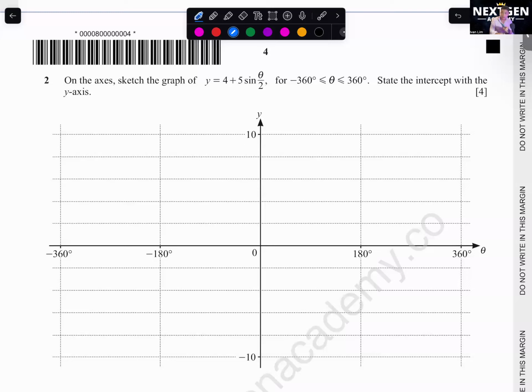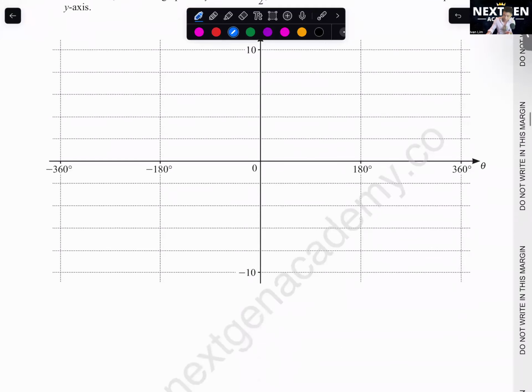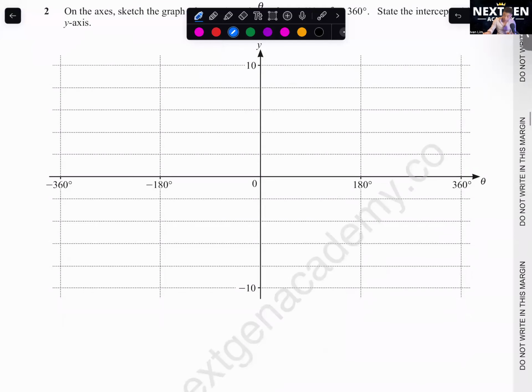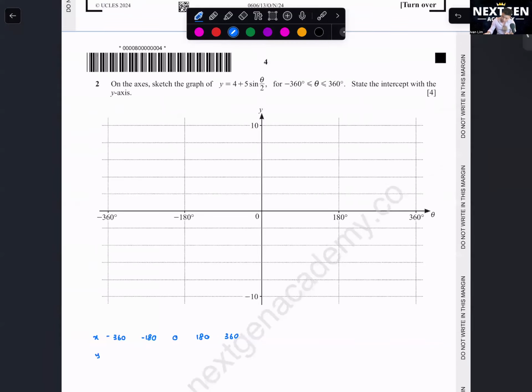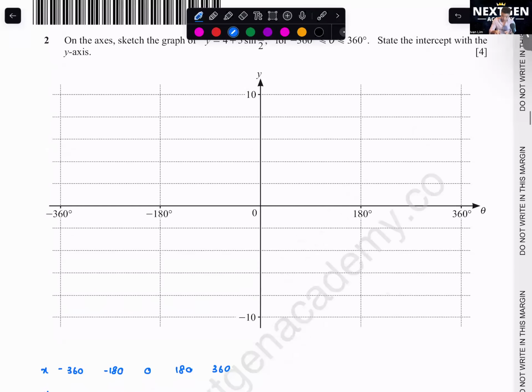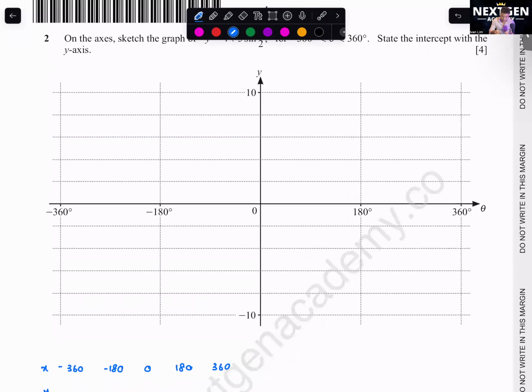If you use a calculator, we do the calculator way first. So I teach you all, if it comes out in paper 2, please just use the calculator. Okay, everyone just create a table first. We create a simple table. We have minus 360, minus 180, 0, 180, and 360 degrees. I want you all to type in the values here. 4 plus 5 sine theta over 2.